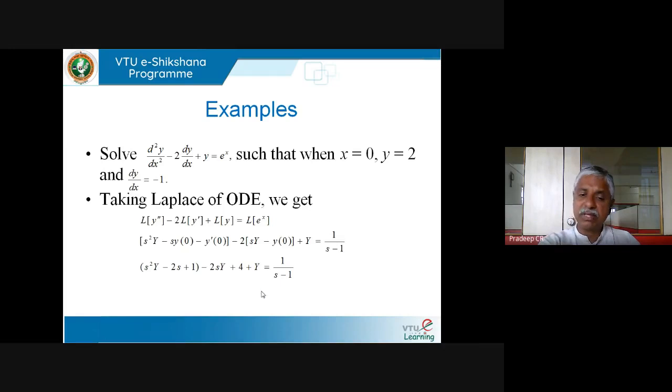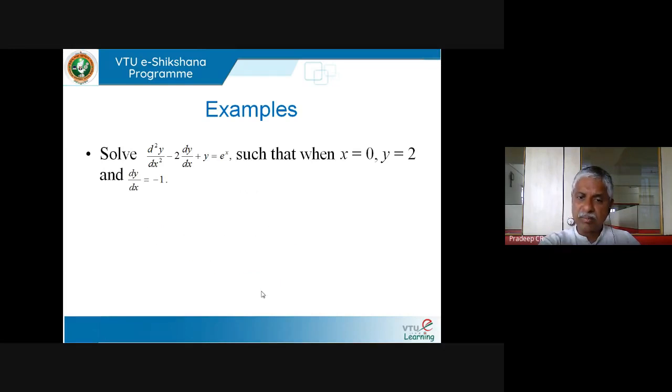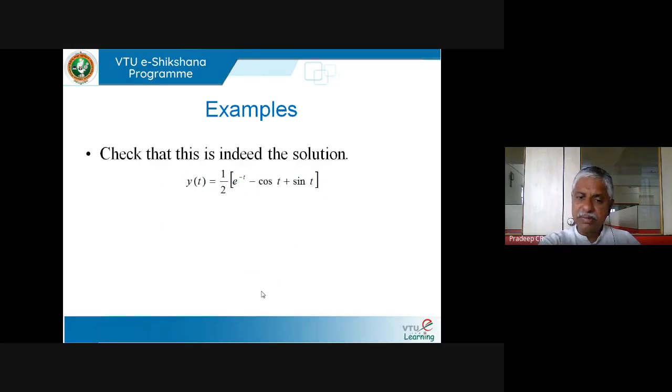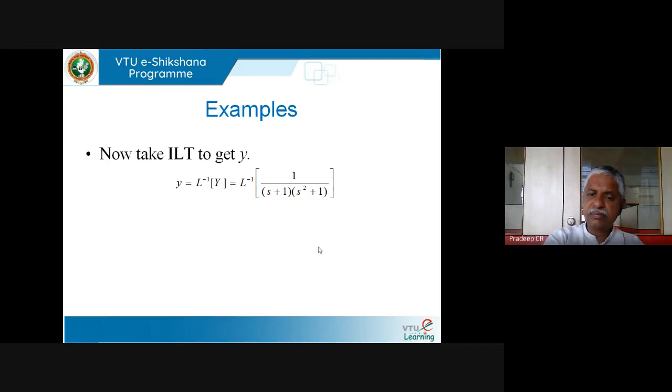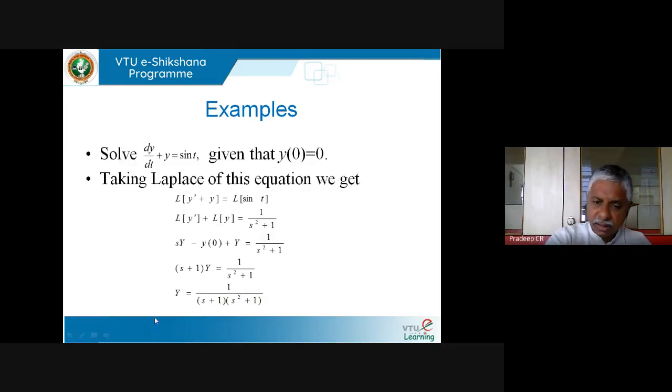For example, in the previous problem, I'll come back to this problem, I did not evaluate this. Here, capital Y is 1 by s plus 1 into s square plus 1.